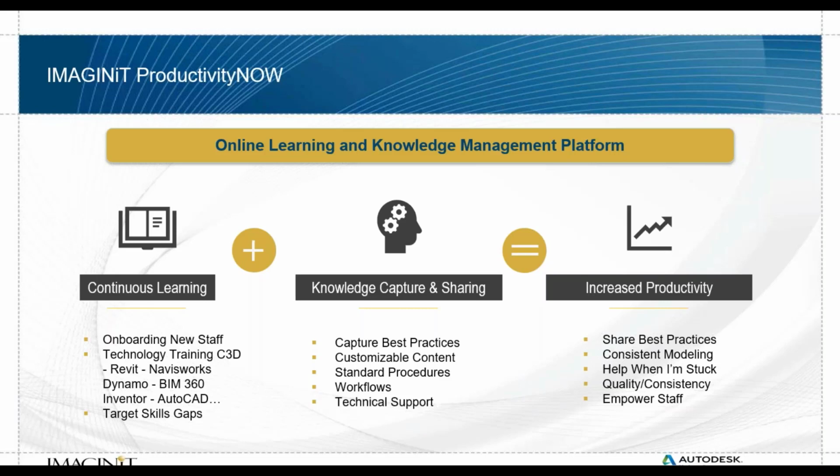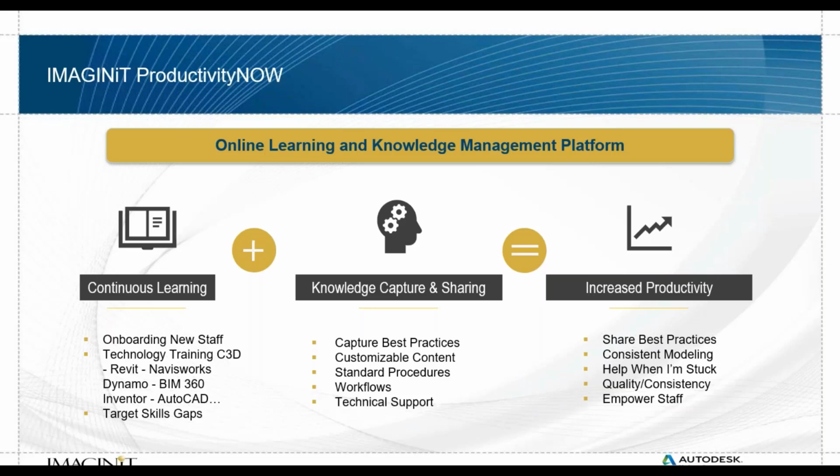If you add the Knowledge Smart assessment module to Productivity Now, you can quickly assess your users to identify skills gaps, and the system has the ability to create a customized learning path based on the results of that user's assessment that will specifically address those gaps in that user's knowledge.